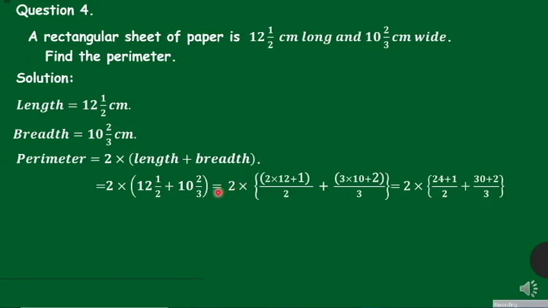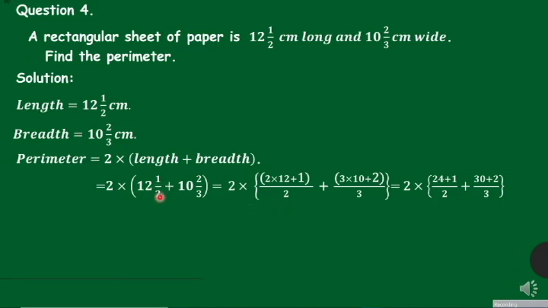After putting the values here, we need to convert the mixed fractions into improper fractions. So here I have made a step. See here and watch it carefully how I have done it. Hope you understand, because I have explained this so many times. But once again, if you have any doubt, I am going to explain it one more time.